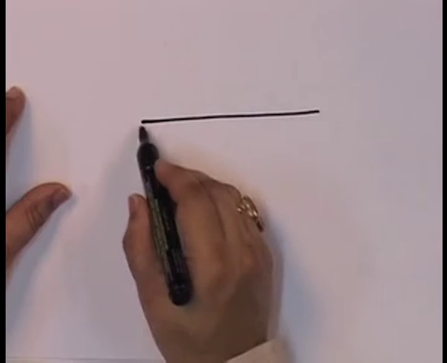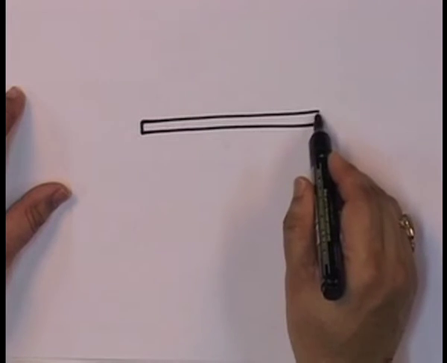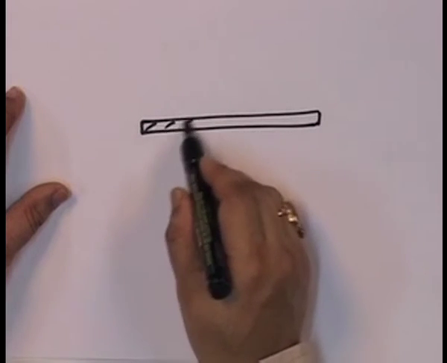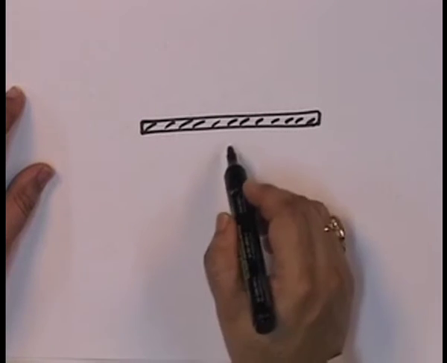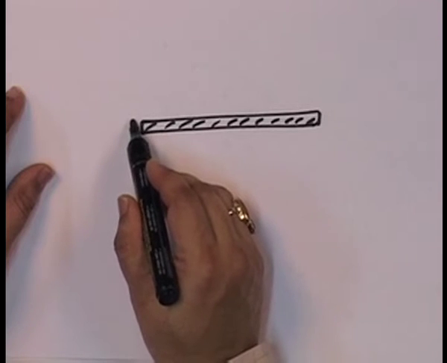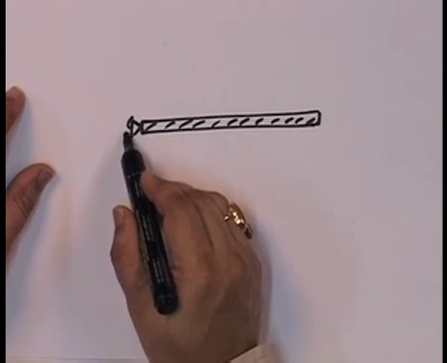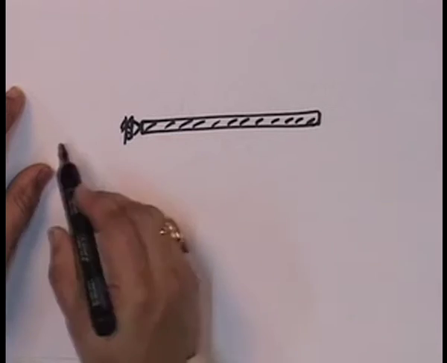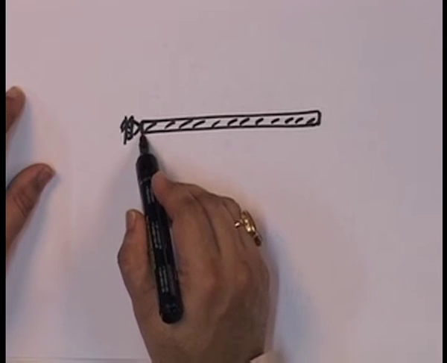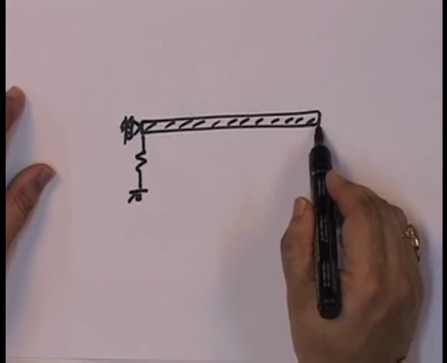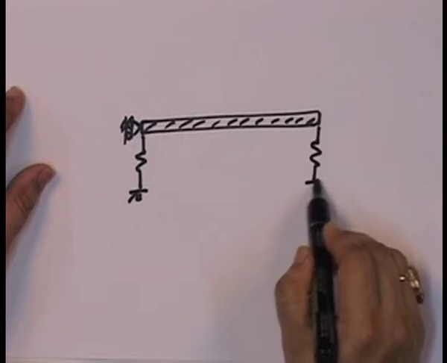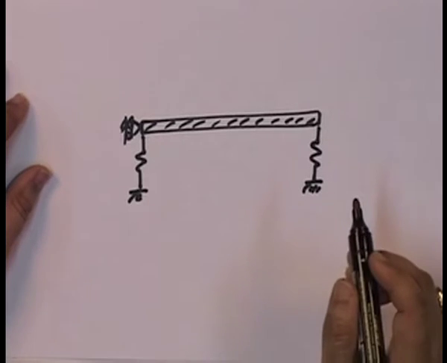Okay. But what I am going to look at now is the same problem, the bar remains exactly the same, except that now it is still not allowed to go in this direction. However, instead of a beam on elastic foundation, I have 2 discrete springs.